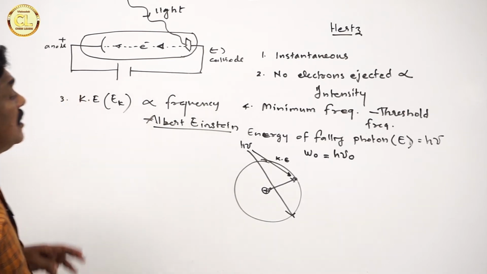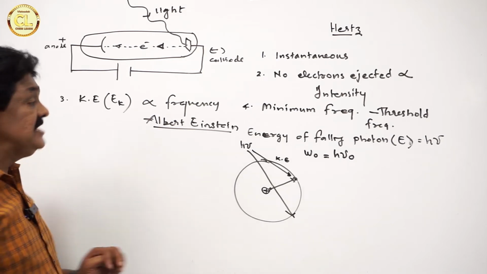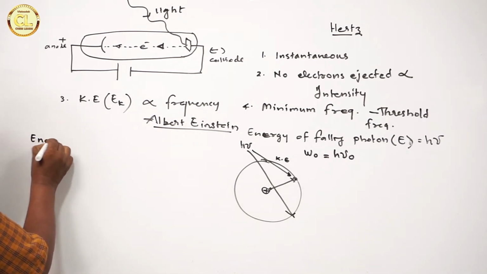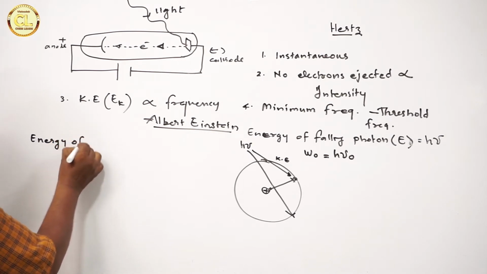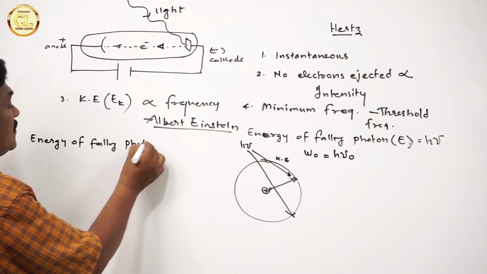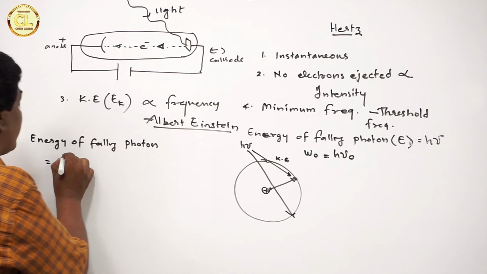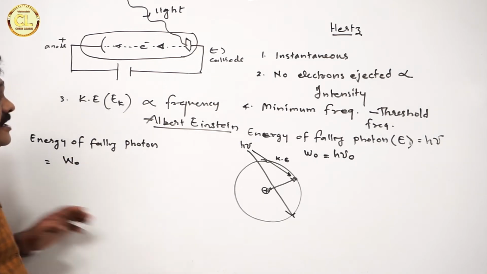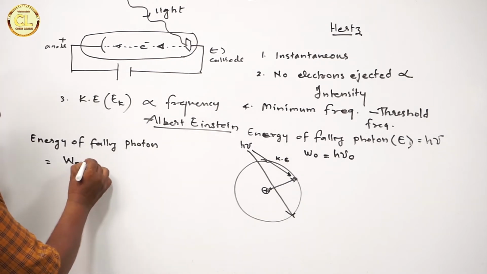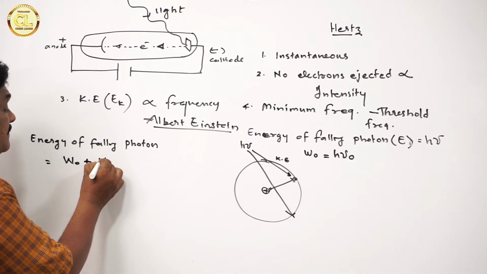Therefore, keeping the law of conservation of energy in mind, we can say that energy of falling photon is equal to work function, that is the minimum energy required to break the force of attraction between nucleus and electron, plus kinetic energy of the ejected electrons.